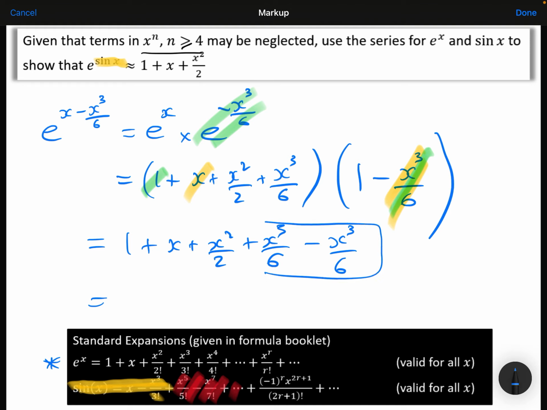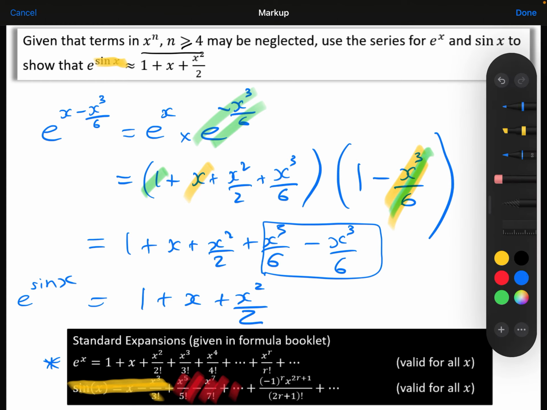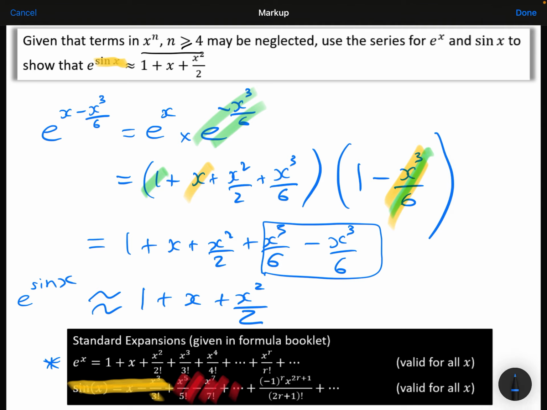Now just collecting these last 2 terms together, you can see they're going to cancel out. And so I get my answer. So e to the power sine x is approximately, it's not equal to, it's approximately equal to 1 plus x squared over 2. It's approximately equal to because I did ignore x to the power 4, x to the power 5, and so on.